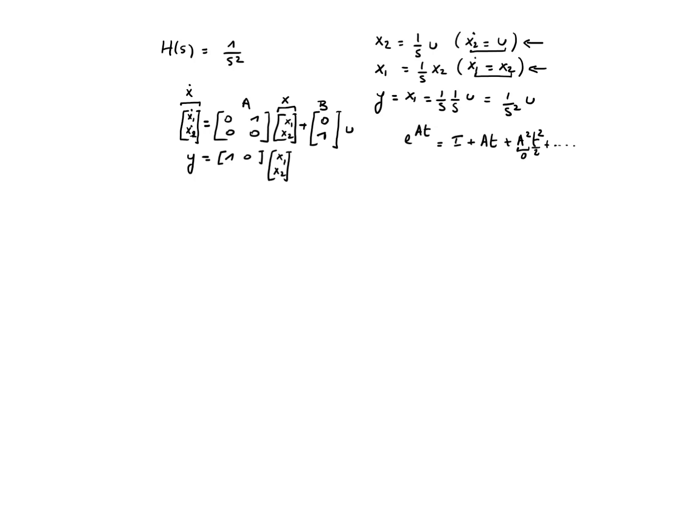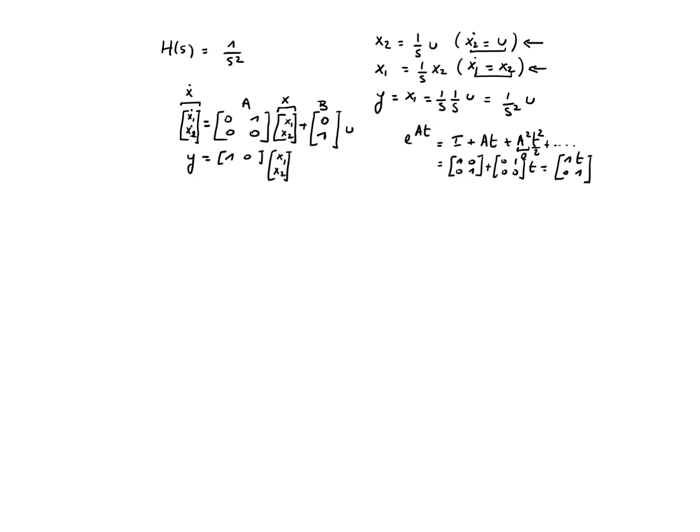If you take this matrix and multiply it by itself, you'll obtain the 0 matrix. Okay, so what we'll have here is [1 0; 0 1] plus [0 1; 0 0] t. So the matrix is simply [1 t; 0 1], right?